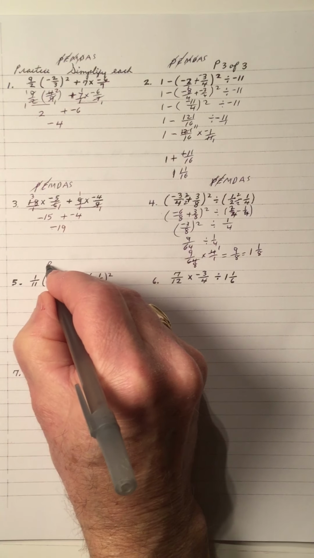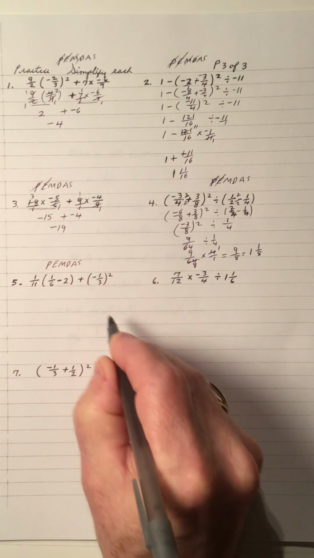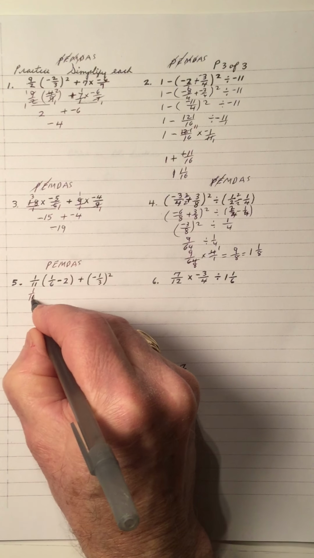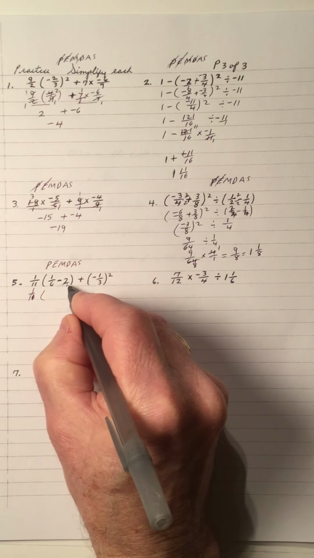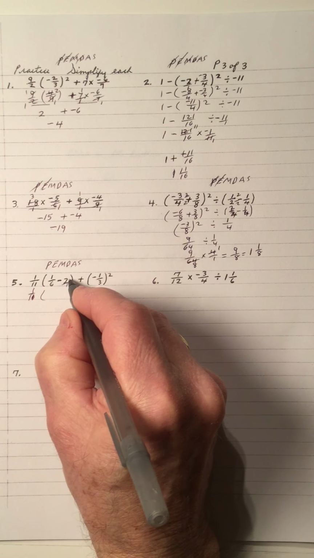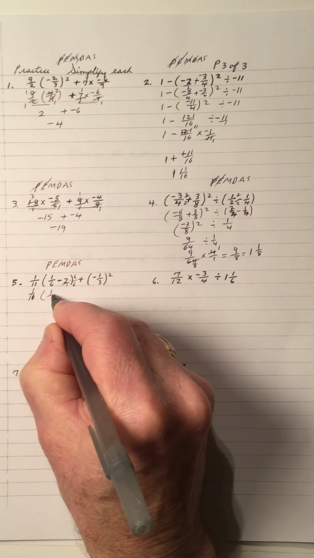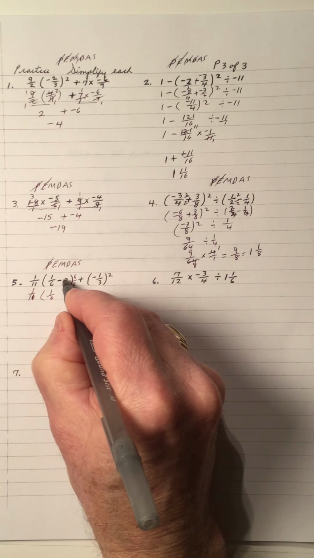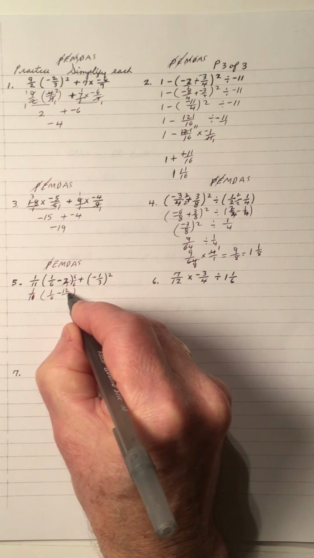Number 5, PEMDAS. Inside of the brackets first. Here we go. That's 11. So 2 is over 1, so we need a common denominator, so I have to multiply it by 6 over 6. Remember, we're doing the inside of the brackets first. So 2 over 1 times 6 over 6 is 12 over 6.